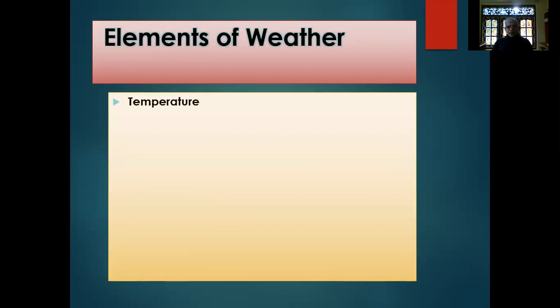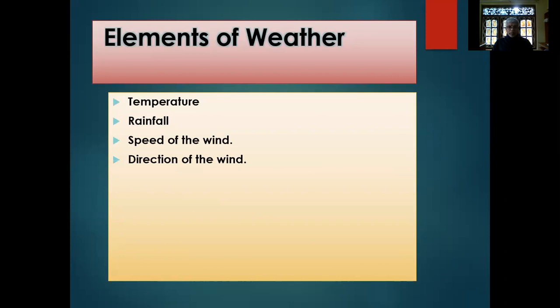Then temperature. You know temperature, yeah? The temperature can be found in the atmosphere. Usually atmospheric temperature is measured. Then rainfall. You are aware of that one. You have experience. Speed of the wind. Direction of the wind.